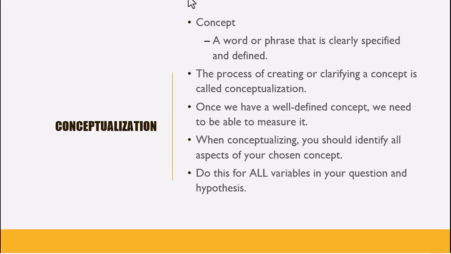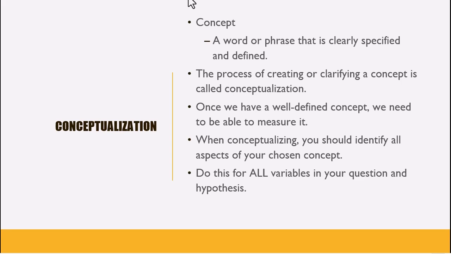Well, for example, if I want to have as a variable something, let's say, called good student, then I would need to first define what it means to be a good student. And let's say I identify several aspects of what it means to be a good student: showing up to class, turning in assignments on time, and getting good grades. Now there's probably other aspects of being a good student that we could identify here, but let's start with those three.